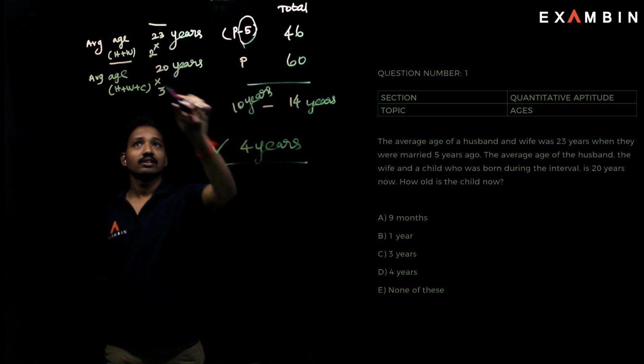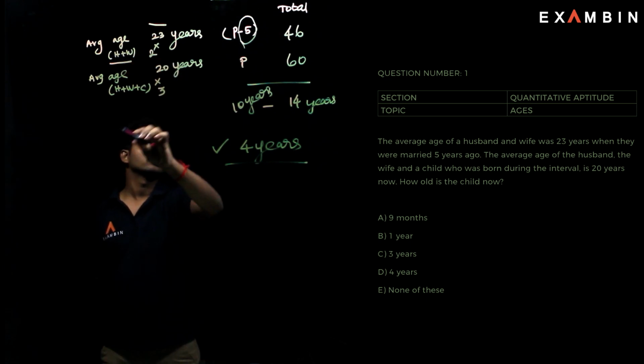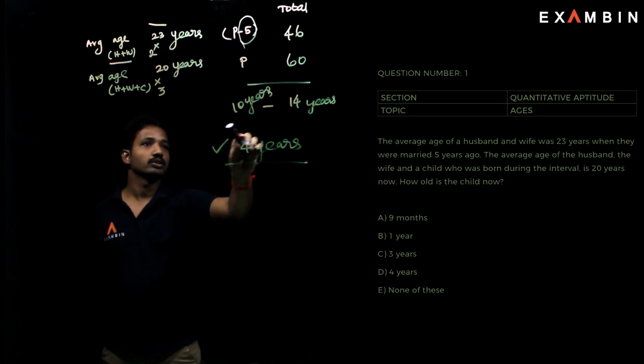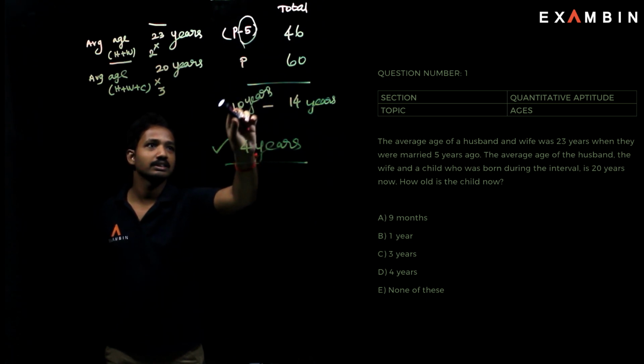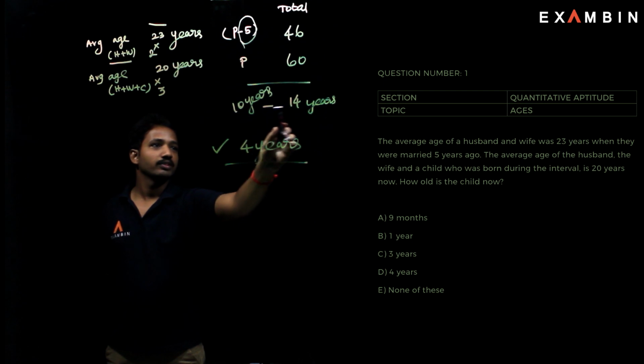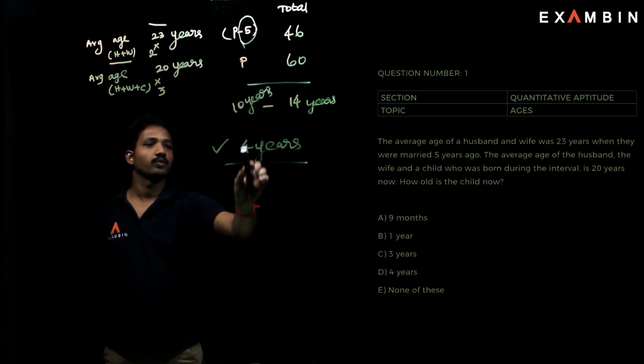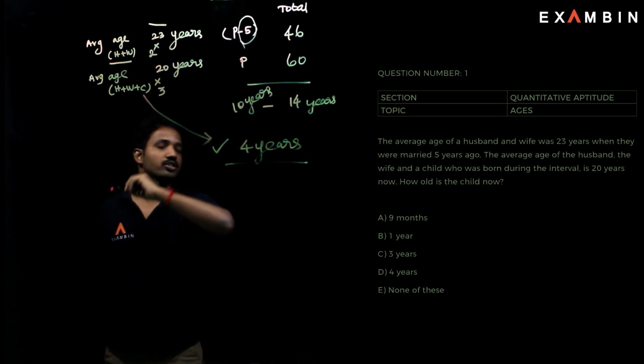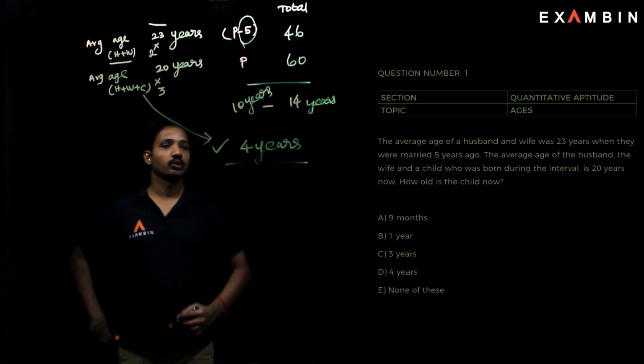So we know that the 2 persons, husband and wife, have grown by 5 years each in these 5 years. So the total age of them together has grown by 10 years. So the difference between 14 years and 10 years is 4 years. This is the newly added child's age. Let's look at the next question.